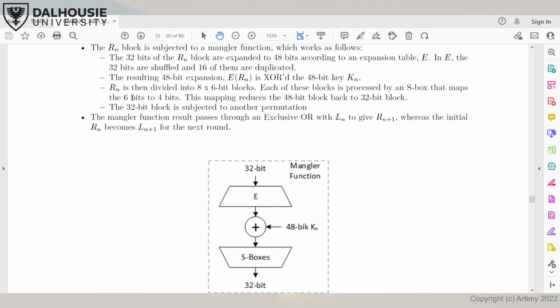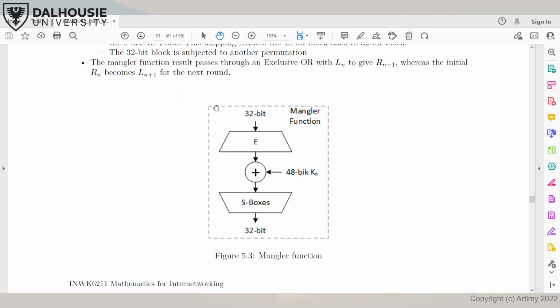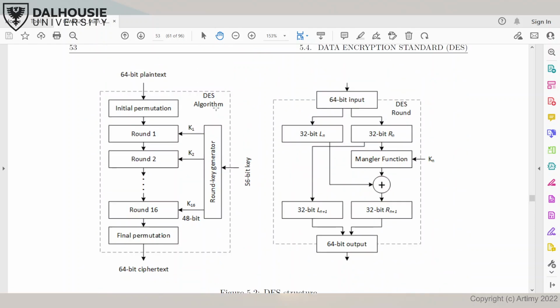So the 48 divided by 6, how many blocks are there? That's 8 6-bit blocks. Each block is mapped into 4. So the result will be 32-bit, and that will be the output. So that's what happens inside each round.